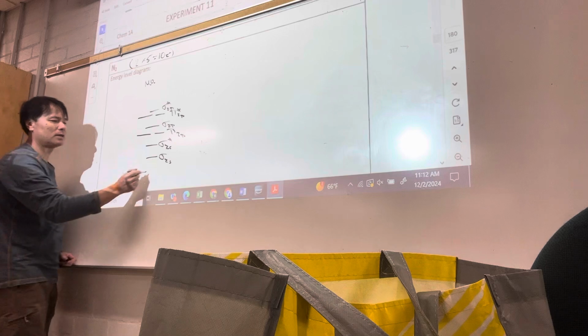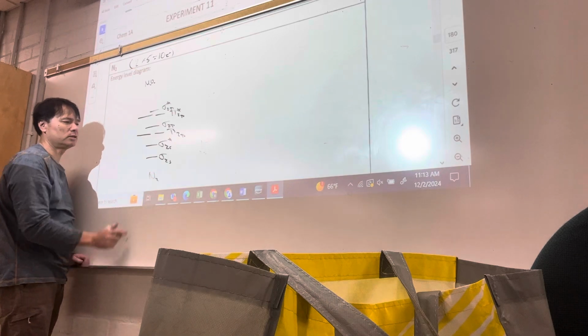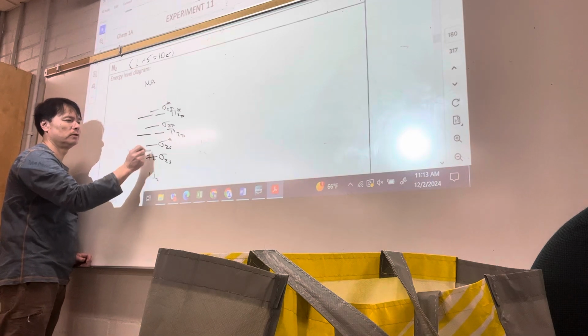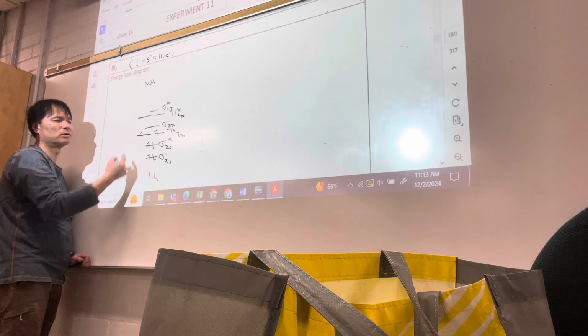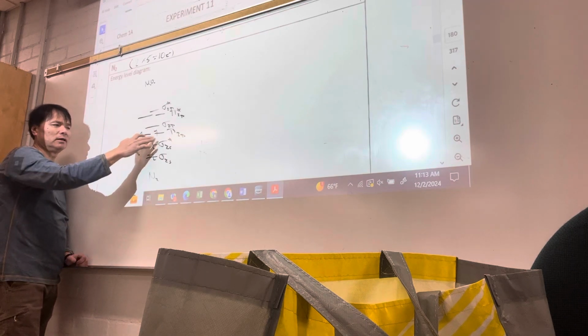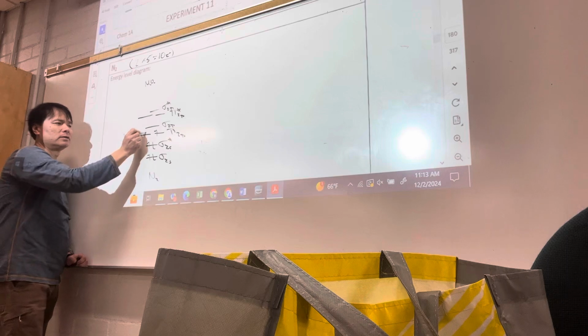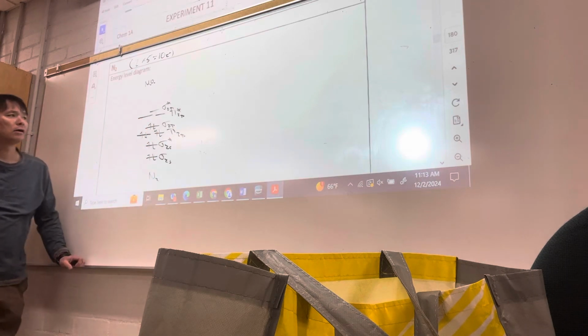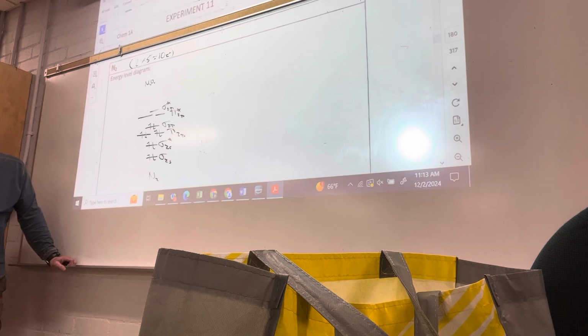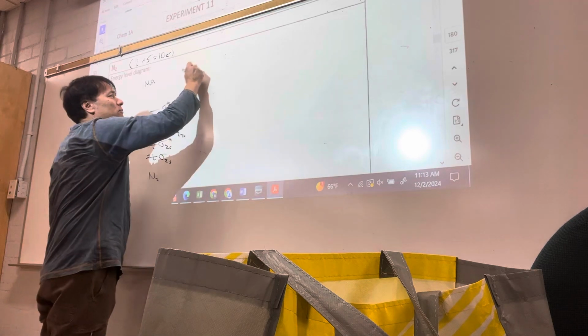And then we fill it with 10 valence electrons. Nitrogen has 10, so 1, 2, 3, 4, 5, 6. So we fill this according to Hund's rule. Once we fill them singly, then we'll have to pair them. 7, 8, 9, 10. And so we have these orbitals here. And then we look at the bond order.